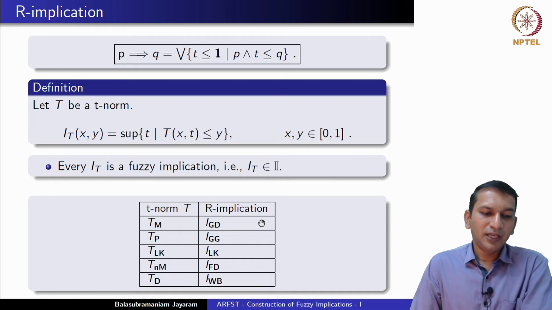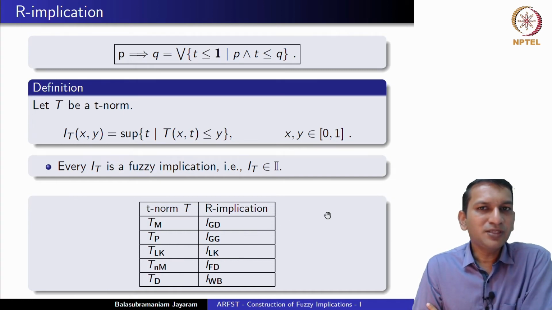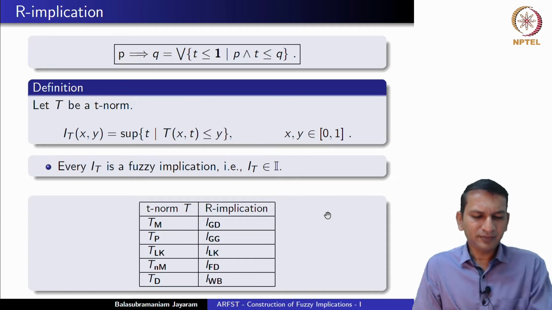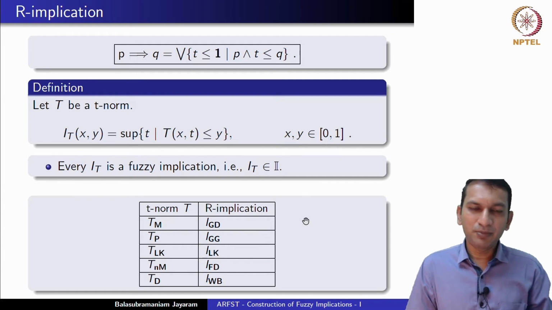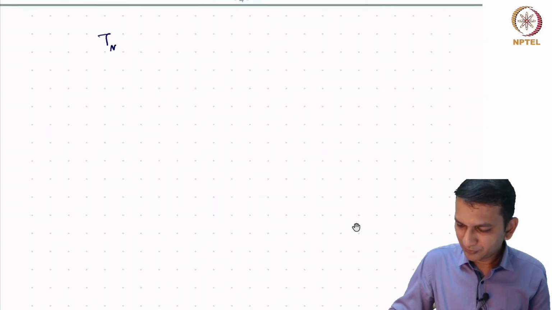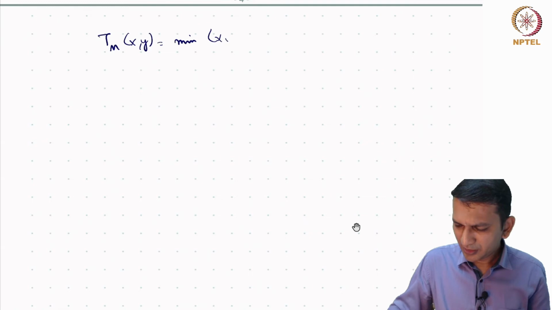Okay, if you consider the usual T norms, what kind of R implications do we get? Let's consider the minimum T norm, and let's look at what is the corresponding R implication we get from this.